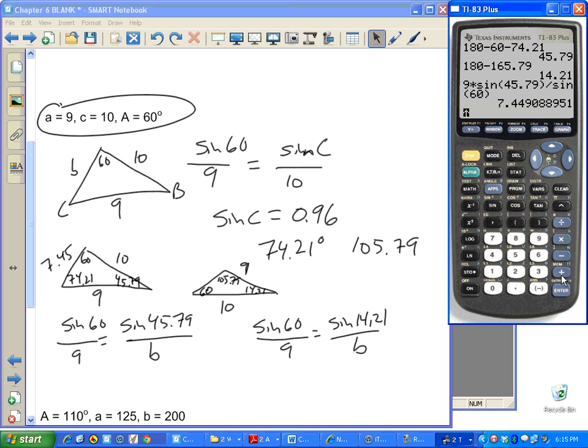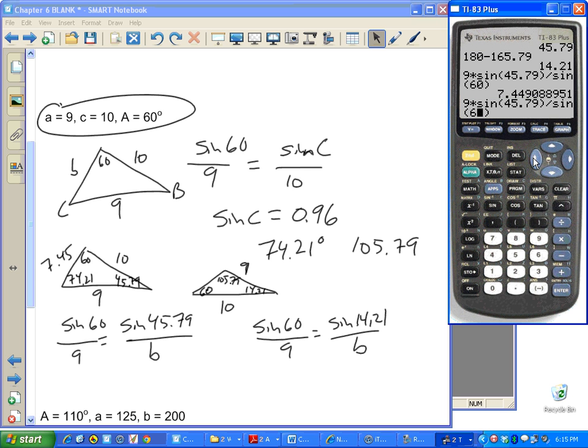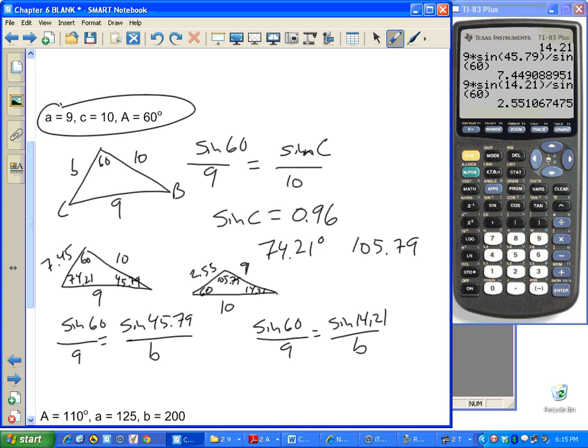Here, let's just bring up what I just typed in. Pretty much the same, except this changes to 14.21. So 2.55. Okay, so that's how you get two solutions.